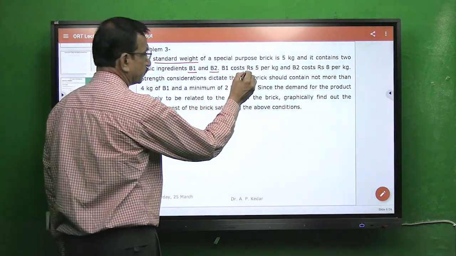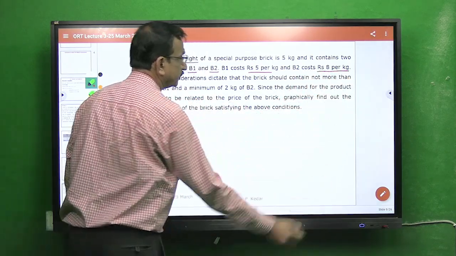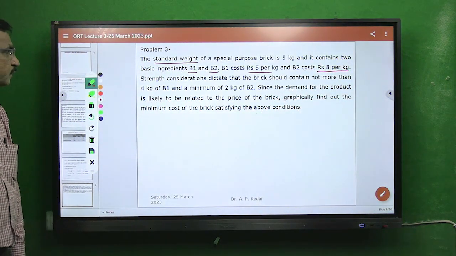B1 costs rupees 5 per kg, B2 costs rupees 8 per kg. This is the data given.